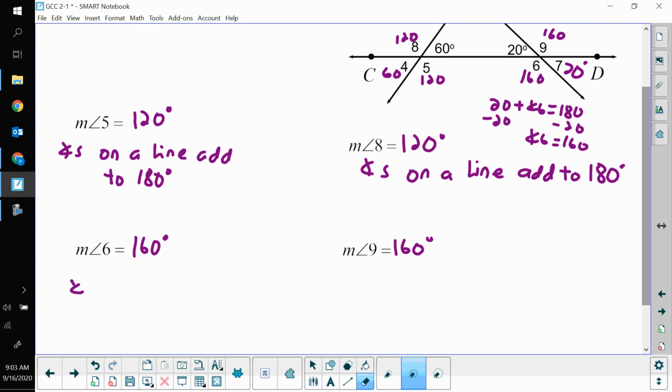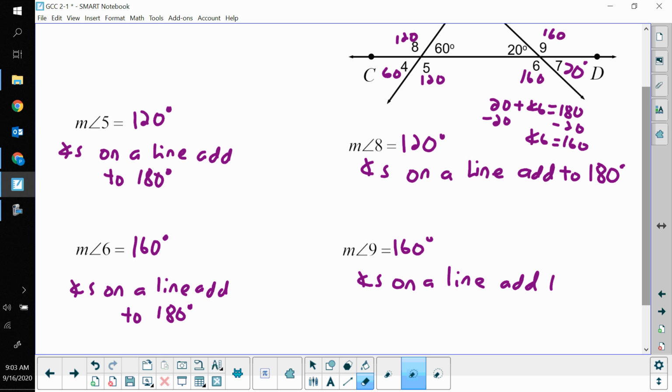And the same reason as above, angles on a line add to 180 degrees.